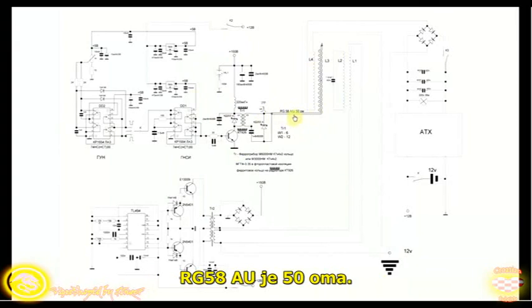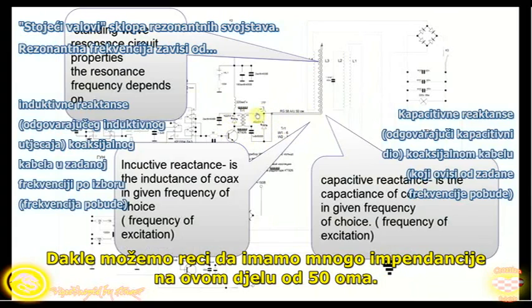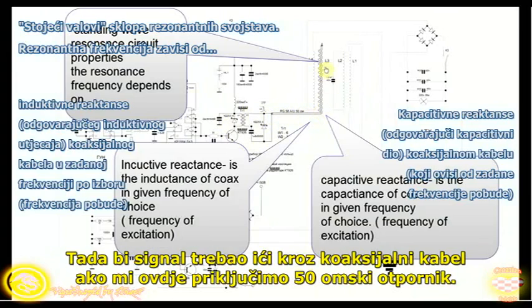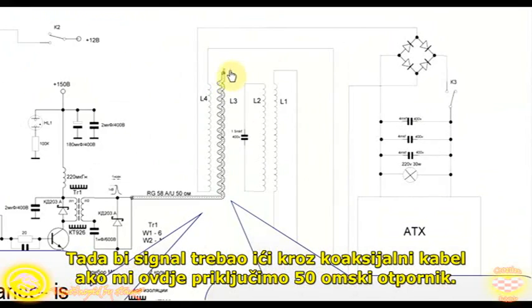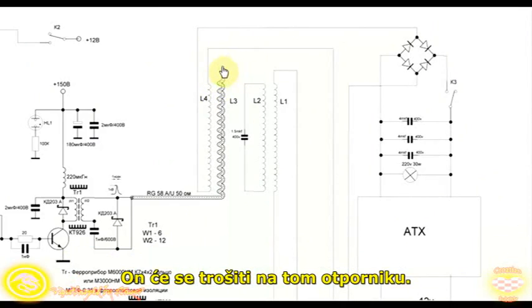The RG58AU is 50 ohm. So if we say that we have a matching impedance of this part of 50 ohm, then the signal should go through that coaxial cable, and eventually if we connect in here a 50 ohm resistor, it would dissipate on that resistor.